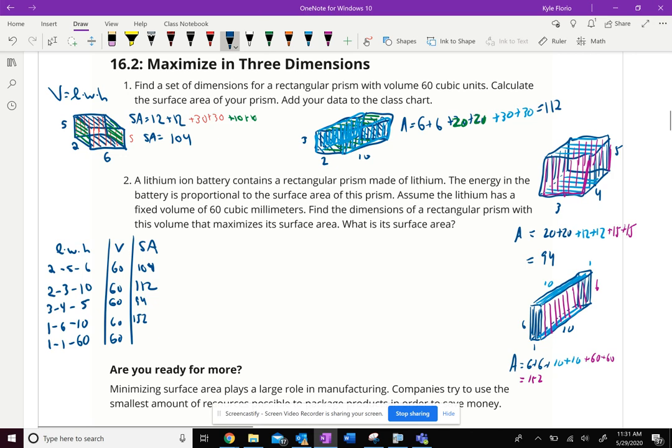And if I make it 1 by 1 by 60, that'll have that same volume, but now I need to find the surface area of it. All right. The surface area, this is 1 by 1.